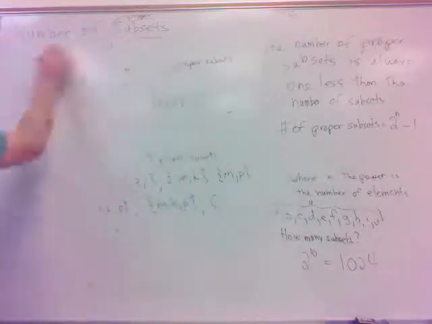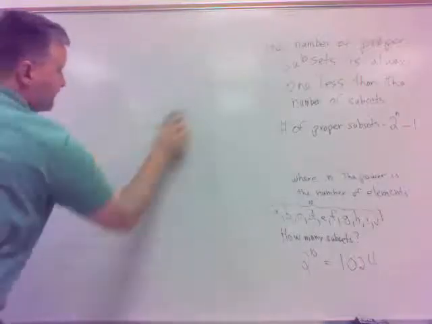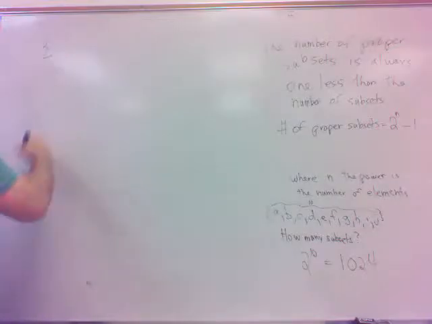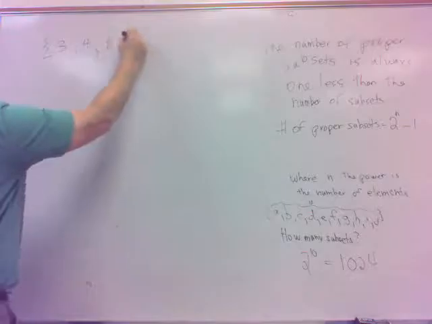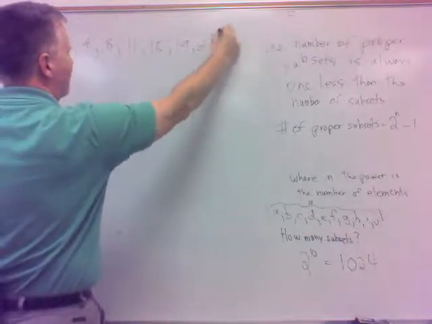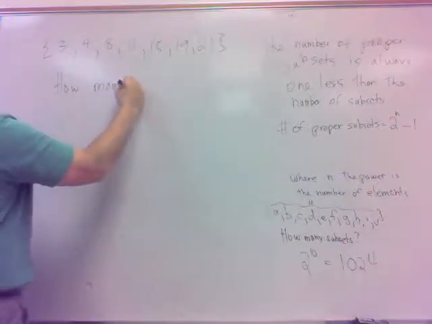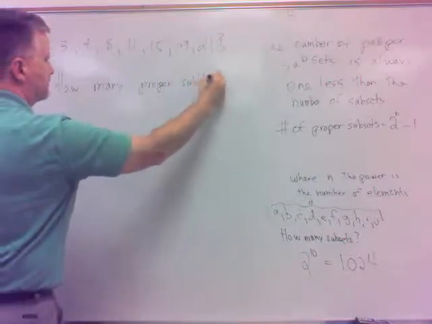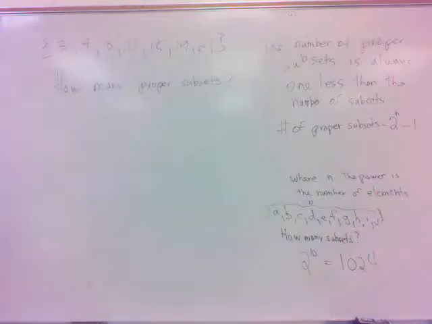All right, so let's say I have 3, 4, 8, 11, 15, 19, 21, just random numbers here. How many proper subsets does that set have?